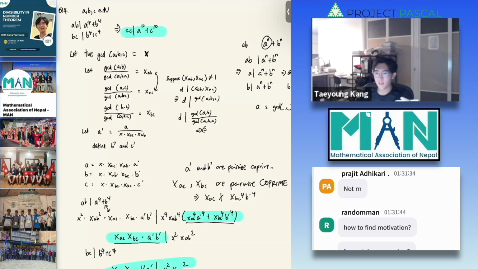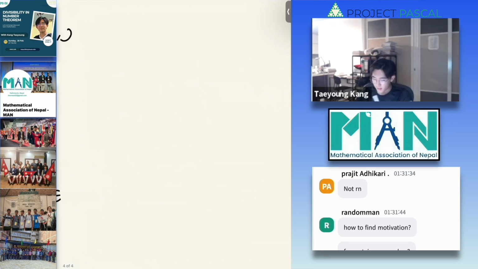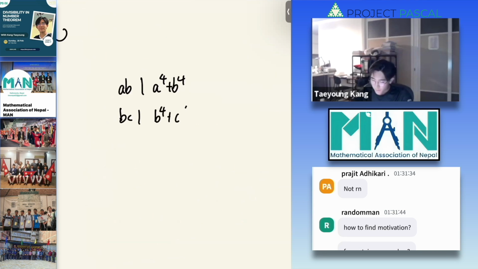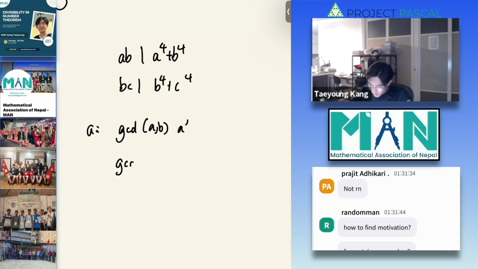We use the GCD. The problem with it is that if I just use the normal GCD, like if I let A equal to GCD, something like this, the problem is that the GCD of AB and the GCD of BC don't have to be coprime.